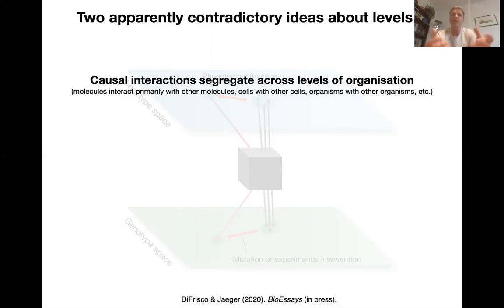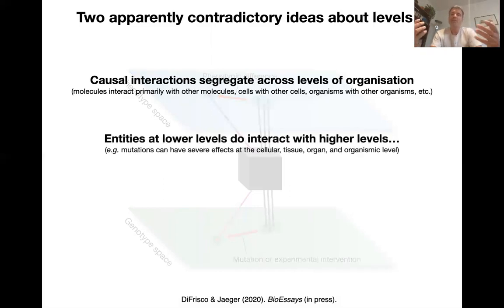The main way they differ from each other is that causal interactions segregate them. So basically there are more causal interactions between entities at one level. For example, molecules primarily interact with molecules, cells with other cells, organisms with other organisms. While you have interactions between levels at a much lower frequency, let me not use the word level here.